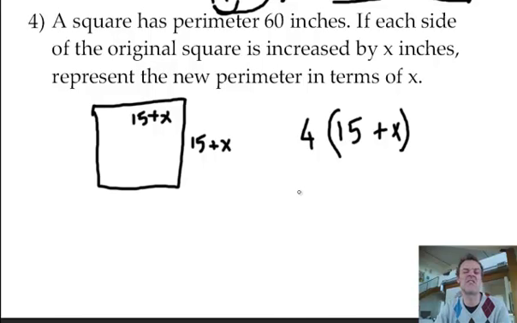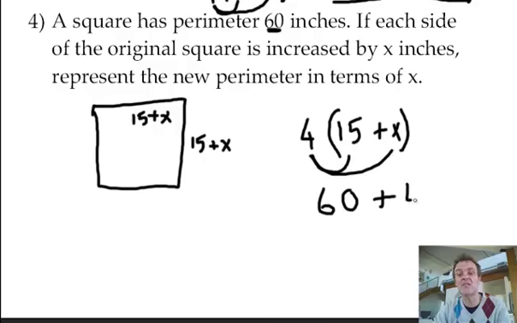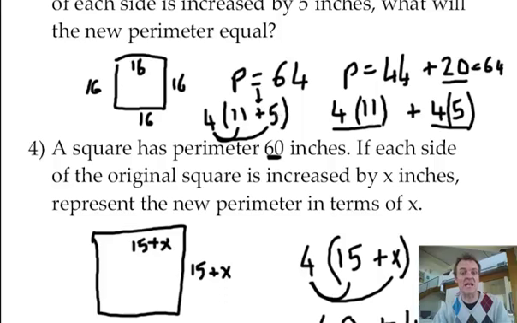Now, if you wanted to be clever and use the distributive law, what's 4 times 15? That's 60. Remember, that's the original. What I'm adding is, what's 4 times x? 4x. I'm adding 4 lots of this extra little bit. In the last question, I knew it was 5, and I knew there were 4 lots of them, so 4 lots of 5 made 20.